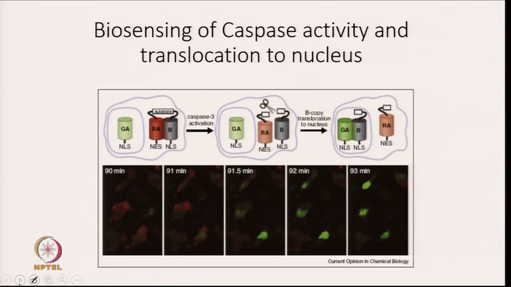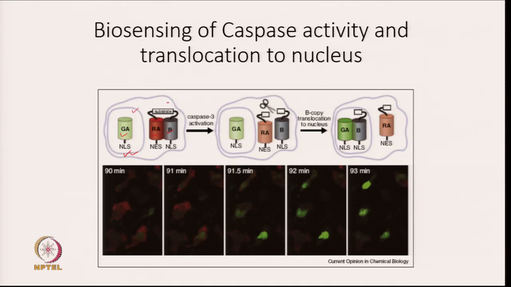In this you can see there is R, A and B, these are two molecules, and there is a G, A. If I take caspase 3 and here is your substrate, what this caspase 3 does is cut the substrate and there will be translocation of this B from cytoplasm to nucleus.